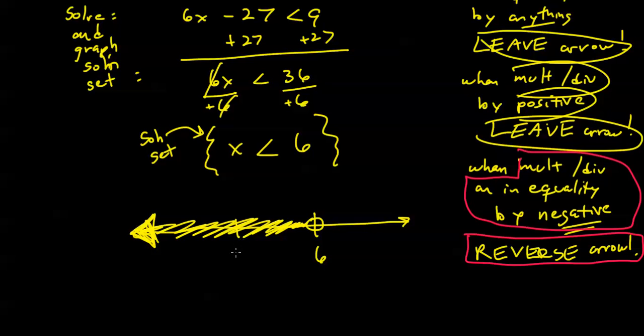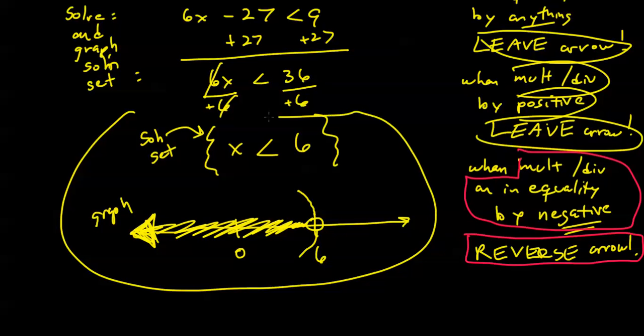I usually put 0 as a milestone here, make sure I'm on the correct side of 0. And notice, our author has this notation for open sets with a parentheses like so for the graph. Okay? Alright, let's do another example here. Let me label this graph. And of course a box, the solution set, and the graph.